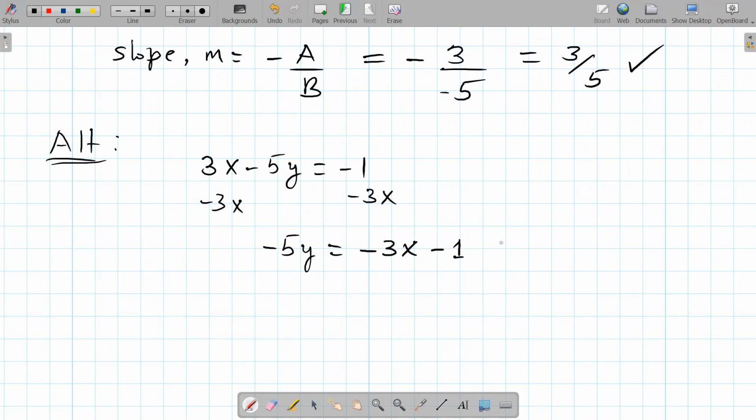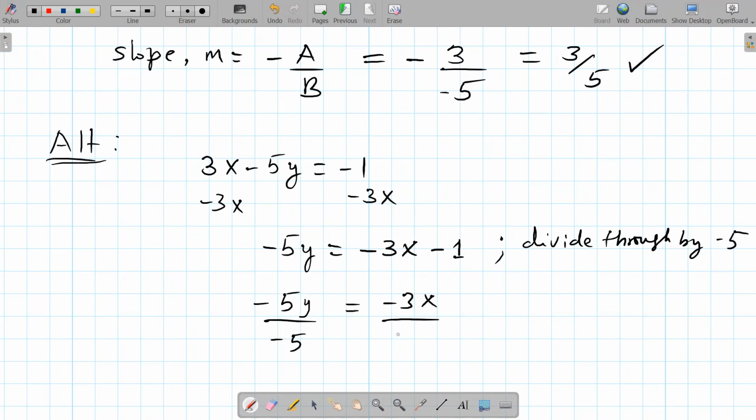And then from here, I divide through by -5. Okay, so it's going to be -5y over -5 equals -3x over -5 minus 1 over -5.